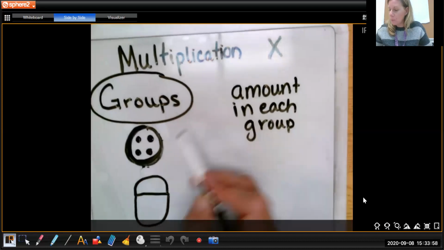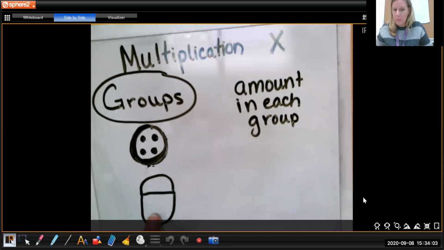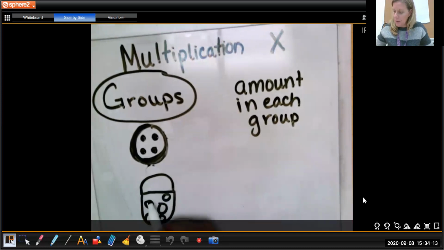That is the amount in the group. Or if I have one bag and I put some vegetables or fruit or something in there, once I put something in it, I know how much is in the group. How much is in the bag? There's 1, 2, 3, 4, 5 things.